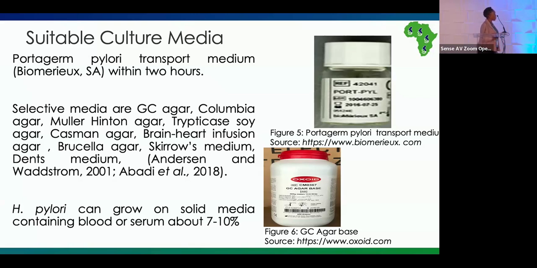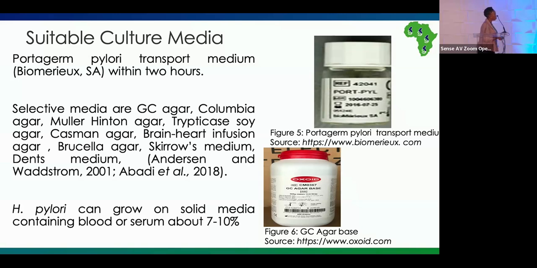Using the GC agar, I have a picture of the agar on the screen, and above is the picture of the pathogen pylori transport medium. Here is the GC agar.